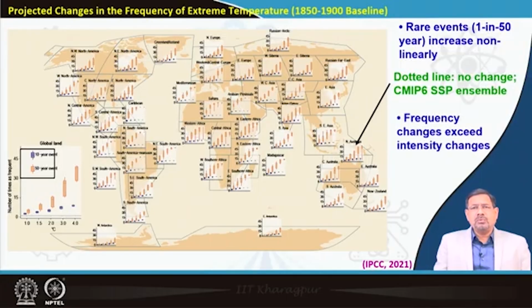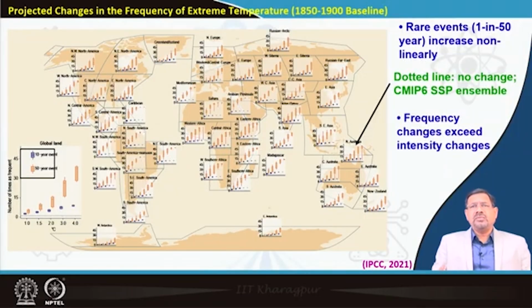Now, look at the way these temperature extremes or temperature rises are being analyzed. The changes here in the frequency of temperature: the gray one talks about the 10-year event, and the magenta or orange one talks about the 50-year level. The y-axis shows the number of times, the frequency, and the x-axis shows the temperature change.